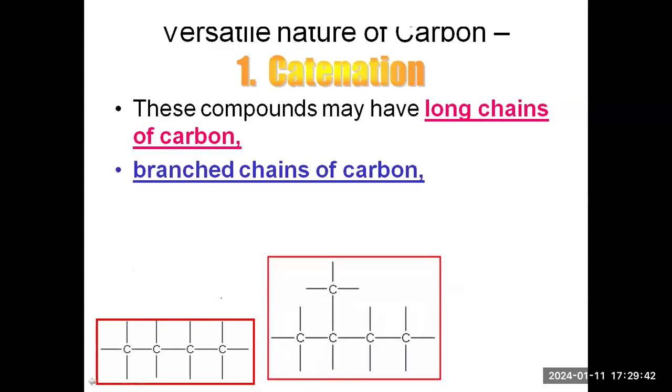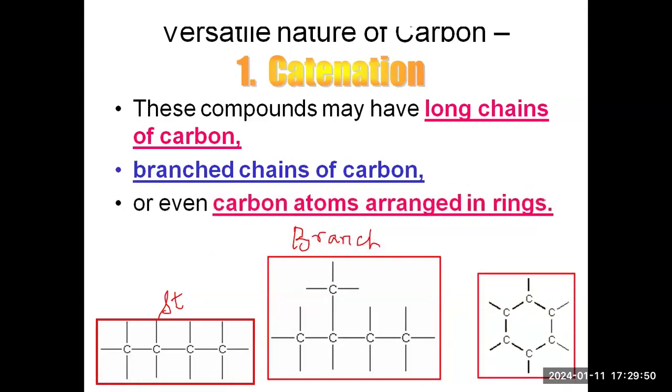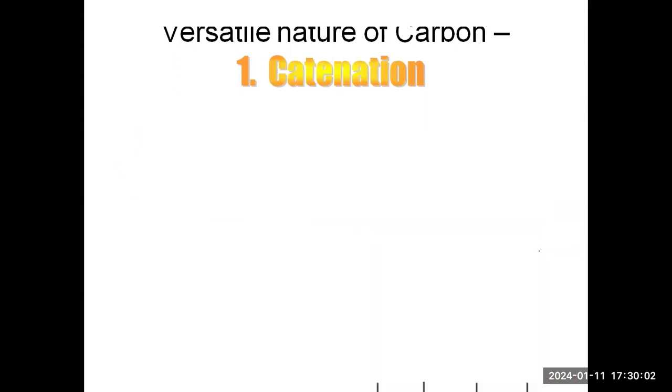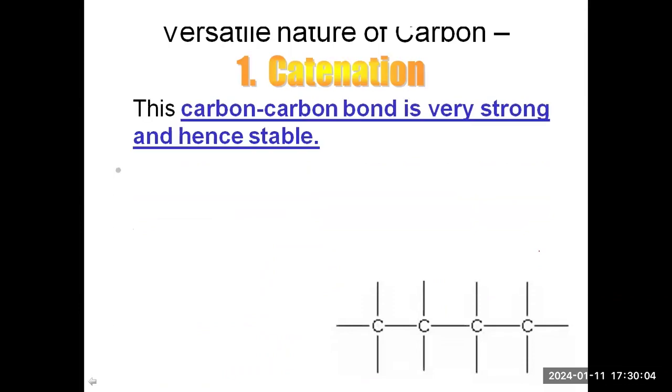Because of catenation, we can have either a straight chain, a branched chain, or a cyclic molecule. This is the cyclic molecule. This is all because of catenation, one carbon atom binding to another carbon atom. This happens because the carbon-carbon bond is very strong.